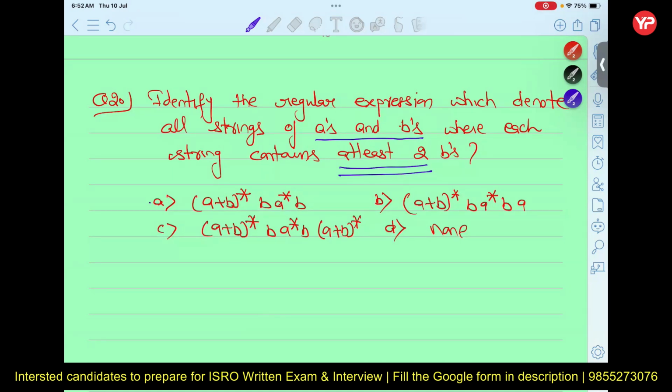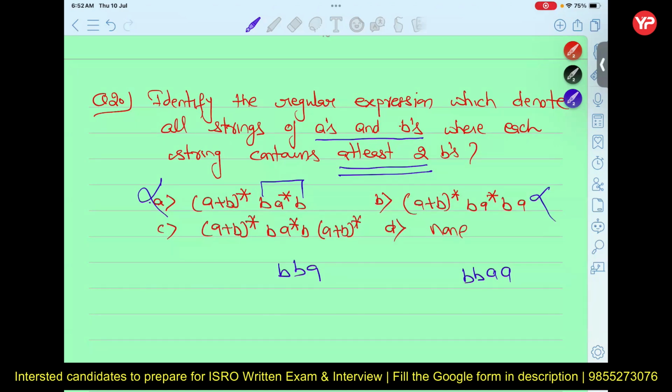In the first case, at least 2 B's is there, but it cannot generate a string which ends with A. Suppose BBA. That's why it is wrong. In the second option, again, this is the problem. You cannot generate a string which is BBAA. Fine, that is the problem.